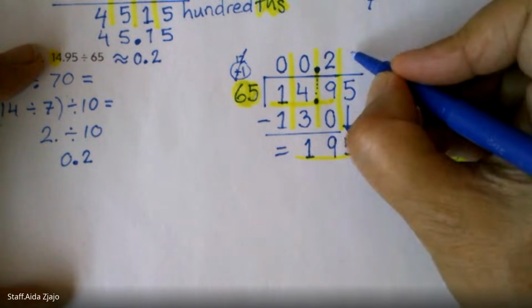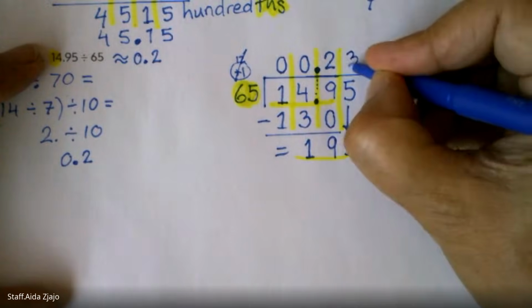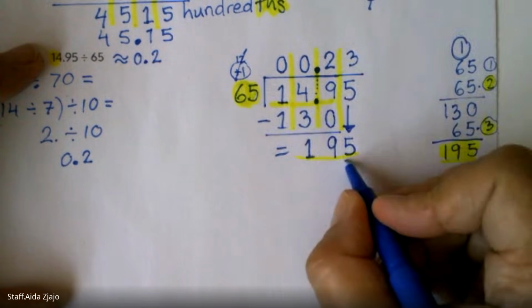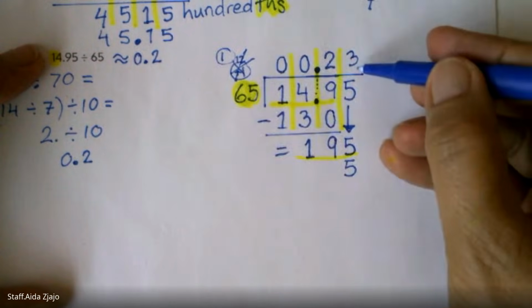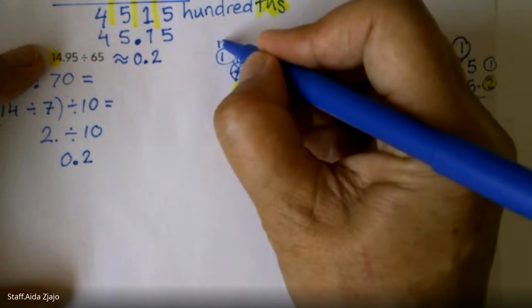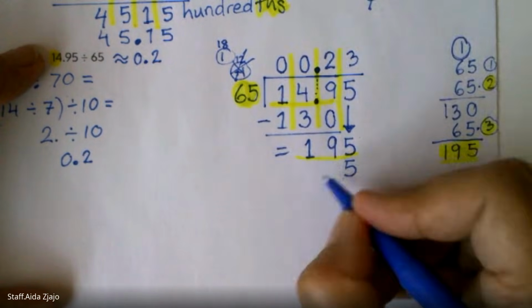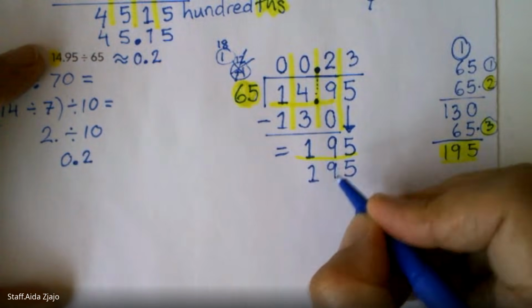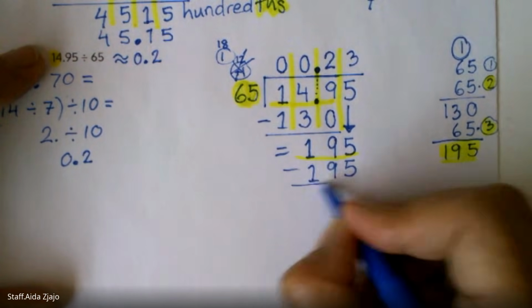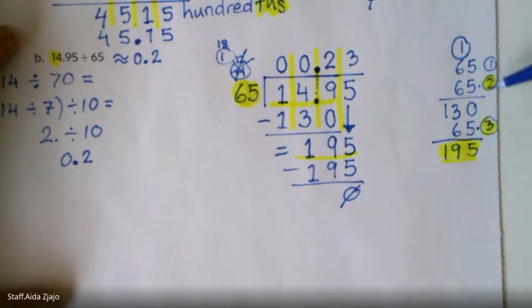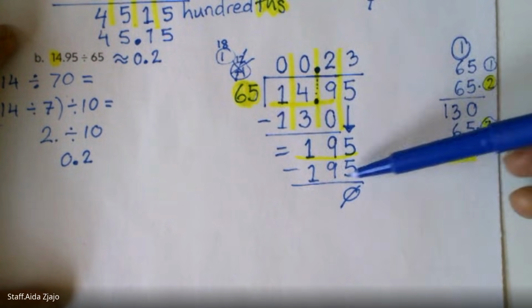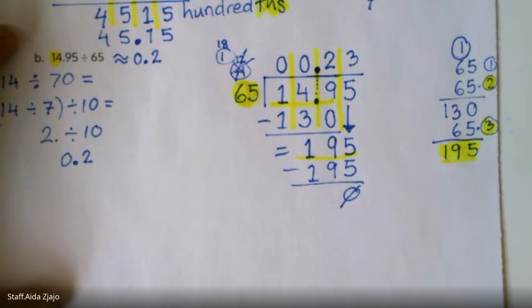But let's see. So our guess is 3. 3 times 5 is 15. I remember 1. 3 times 6 is 18, plus 1 is 19. And that is perfect. So you just go here and you say, okay, there are 3 groups of 65, and 3 times 65 is 195, and you subtract, you got your answer.